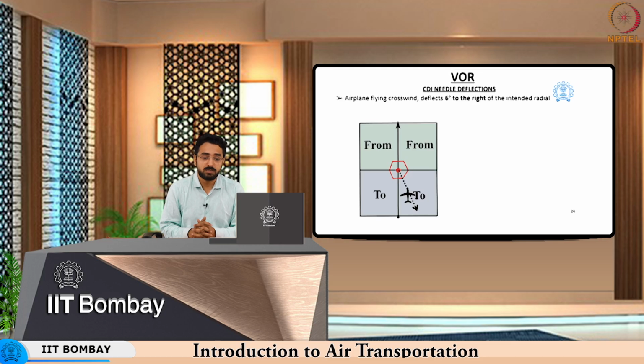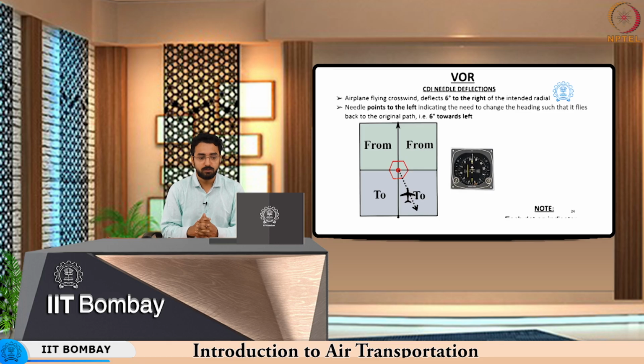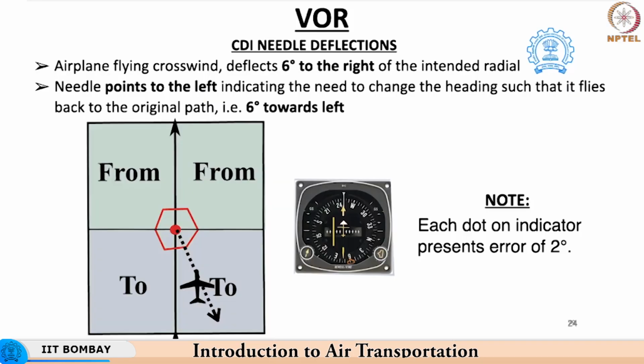If, because of the presence of wind, the plane has deviated 6 degrees to the right, the needle will point to the left. That is, the needle will tell the aircraft to turn left so that it can intercept the pre-selected course. In this case, the CDI will tell the aircraft to turn 6 degrees towards the left to intercept the pre-selected course.